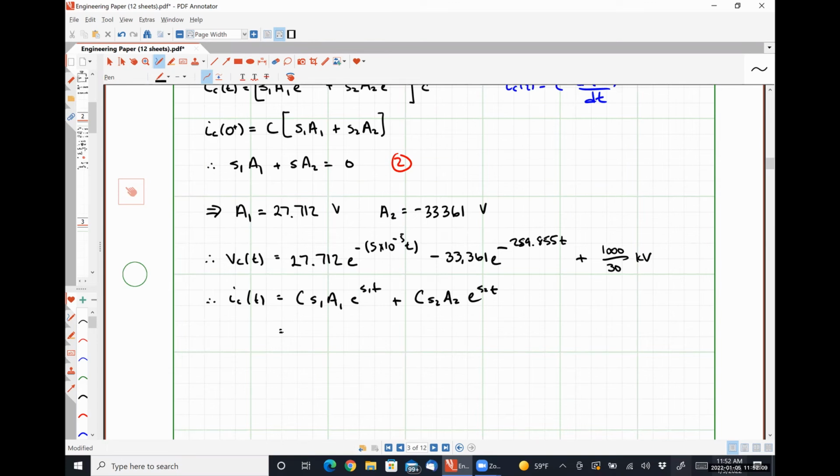So somebody whose calculator is presently working, multiply C times S1 times A1 and tell me what that number is supposed to be. So C was 3 farads. S1 was 5 times 10 to the minus 5. A1 is 27.712.